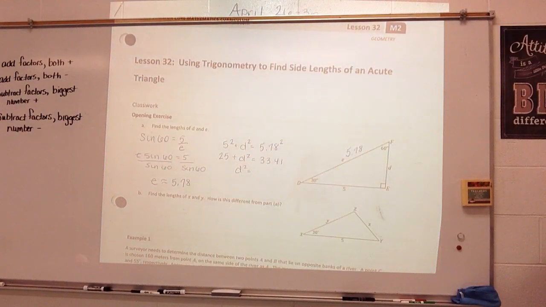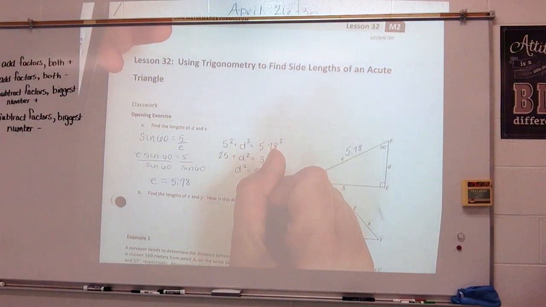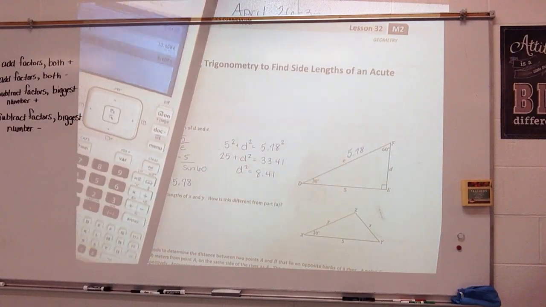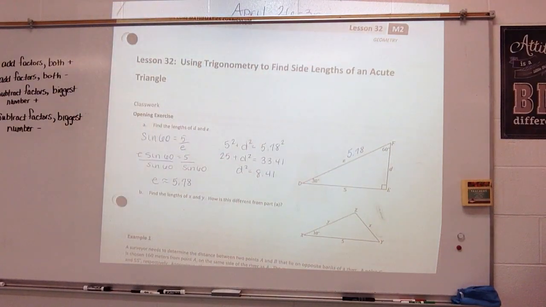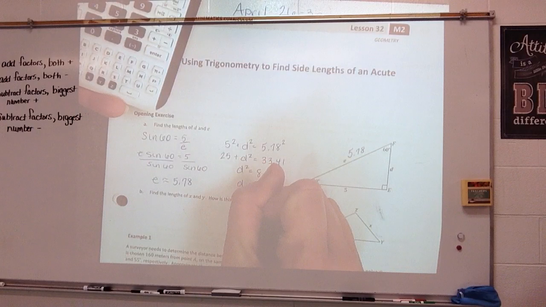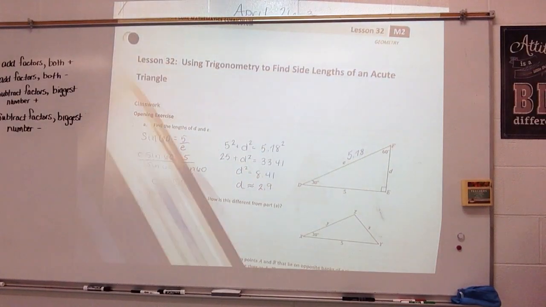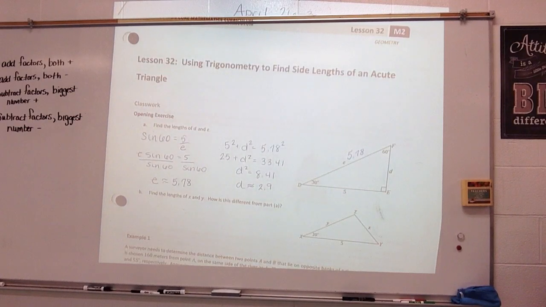Subtract 25, and I get 8.41. Take the square root of 8.41, and that gives me D is approximately 2.9.